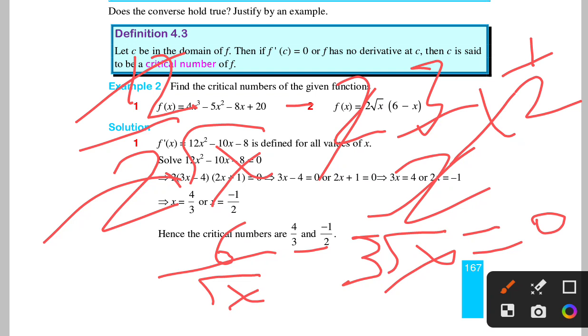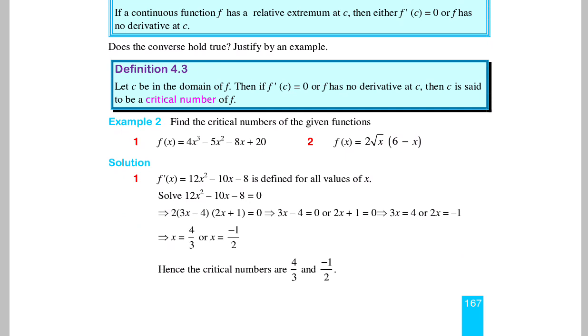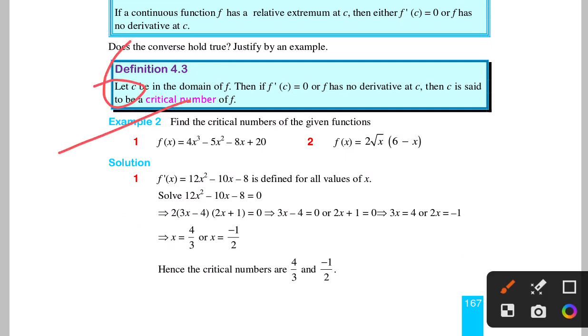When we equate with 0, let me rewrite: 6 over radical x minus 3 radical x equal to 0.